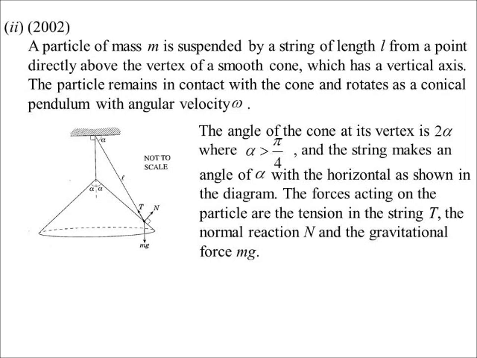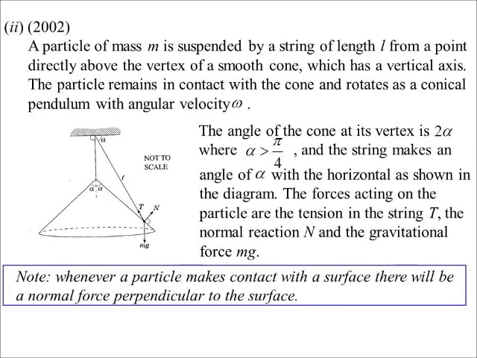Now, this normal reaction, what on earth is the normal reaction? Whenever your object is making contact with a surface, there will be a resistive force in the opposite direction. Again, it's like me standing here on the ground. Yes, gravity wants to pull me down, but there's a resistive force going back up so that my legs aren't collapsing. There is a normal force also acting on me, the ground acting on me.